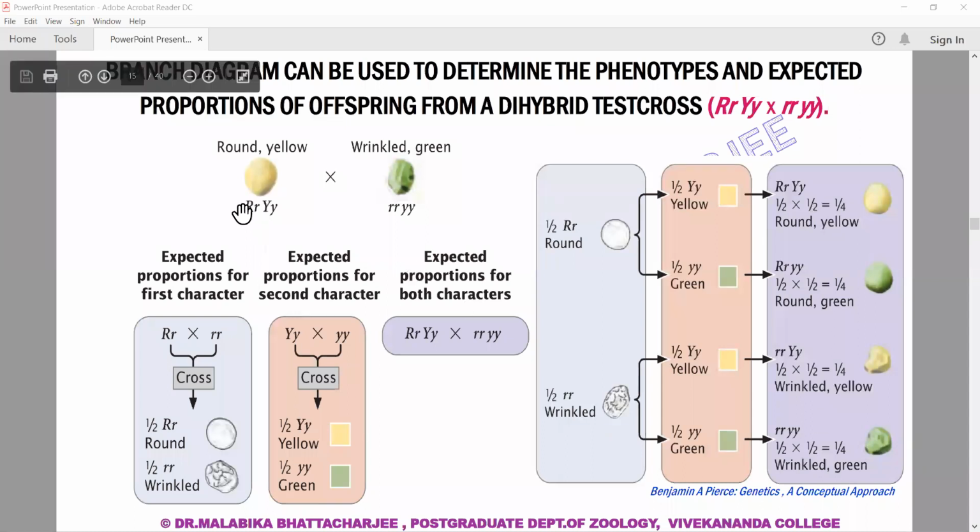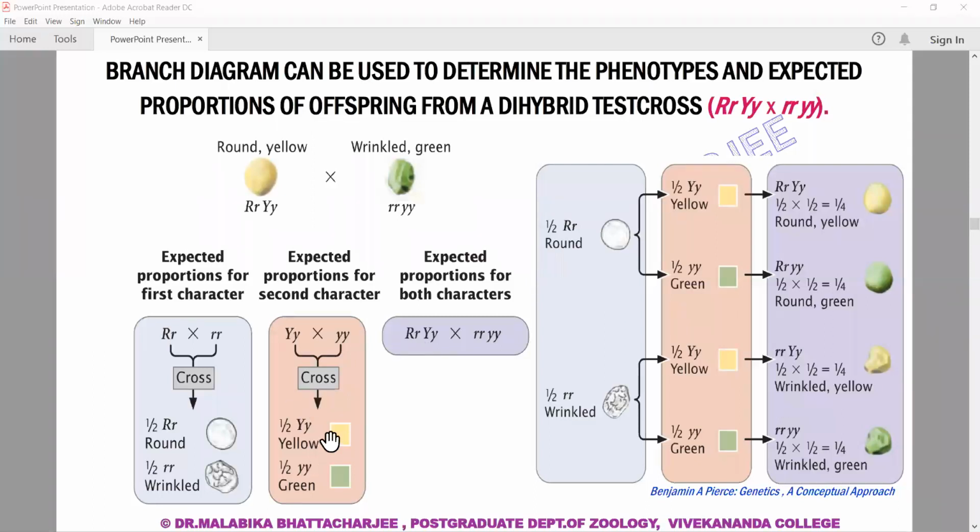So if we do a dihybrid cross like this, the ratio proportions in which the progeny will appear will be 1:1:1:1. Round yellow is to round green is to wrinkled yellow is to wrinkled green. If somebody thinks, why should I start with green, let me start with yellow.